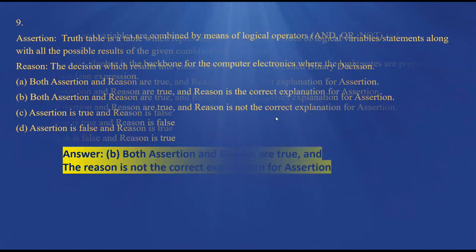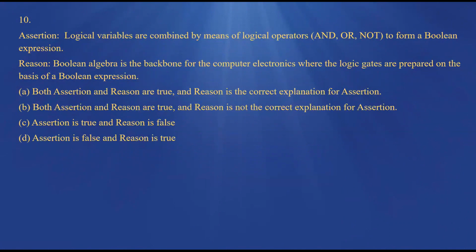Next question. Assertion: logical variables are combined by means of logical operators AND, OR, NOT to form a Boolean expression. Reason: Boolean algebra is the backbone of computer electronics, where the logic gates are prepared on the basis of Boolean expressions. Let's see the correct option.